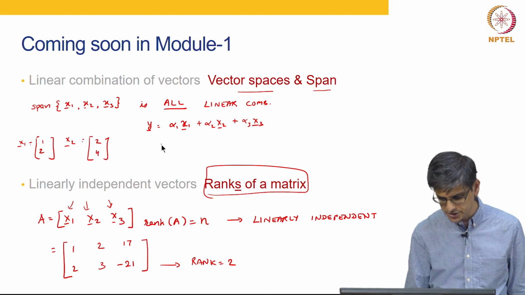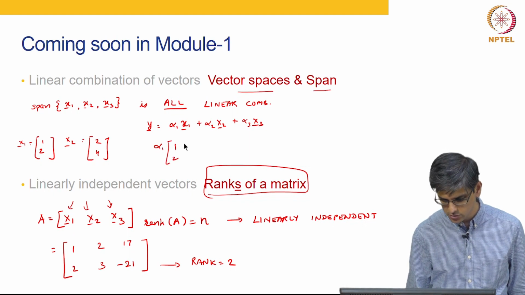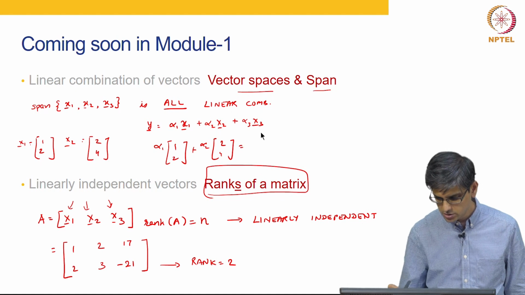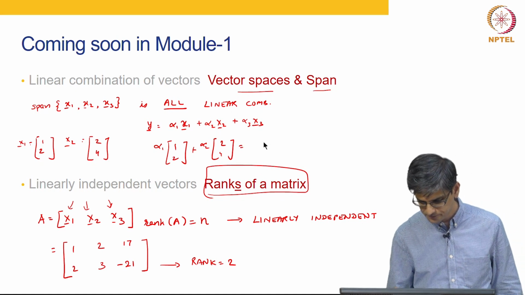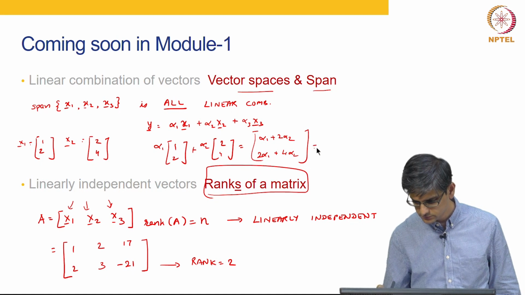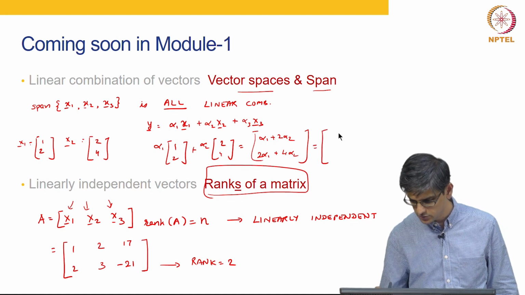Then the linear combination alpha 1 times 1, 2 plus alpha 2 times 2, 4 is equal to alpha 1 plus 2 alpha 2, 2 alpha 1 plus 4 alpha 2, which is alpha 1 plus 2 alpha 2 and 2 times alpha 1 plus 2 alpha 2.